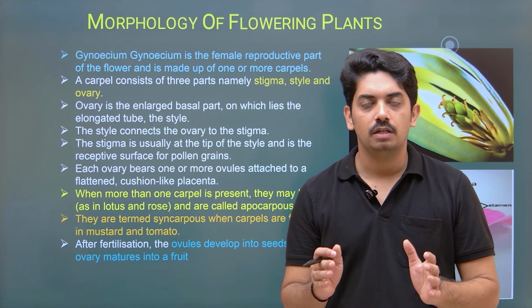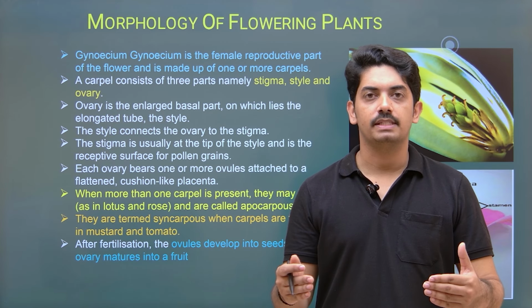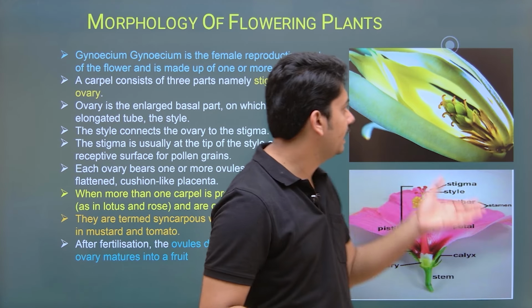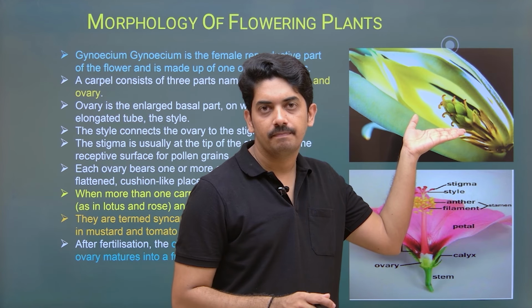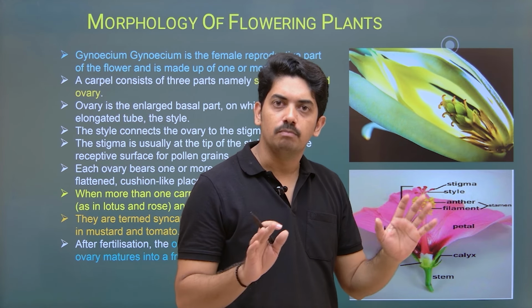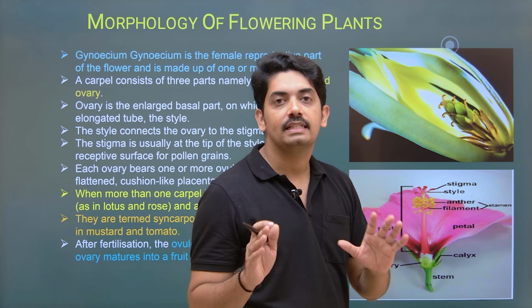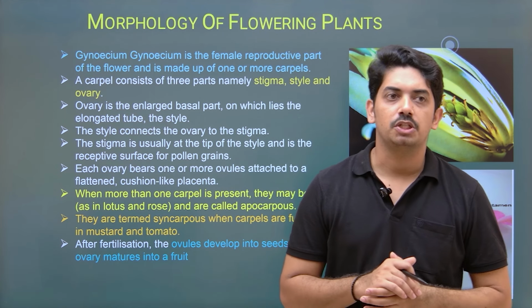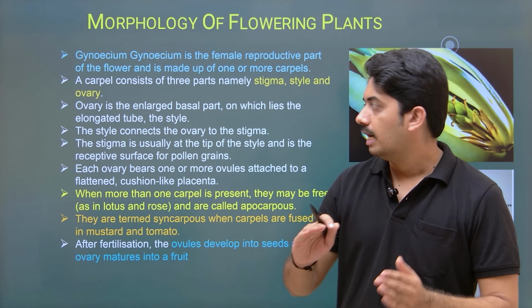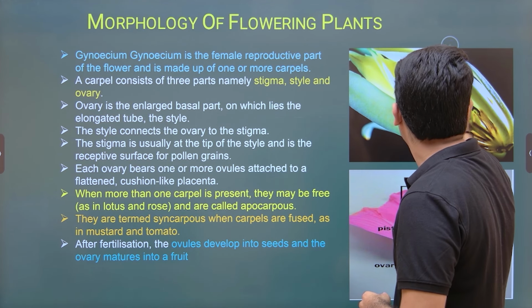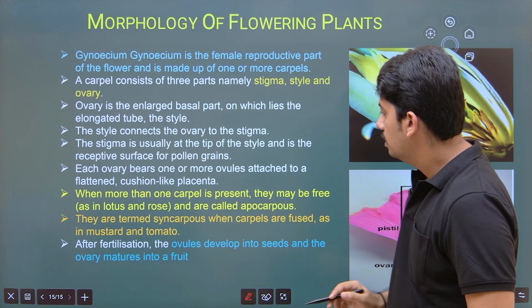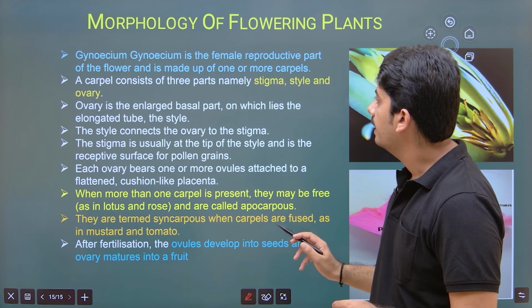Suppose in a flower more than one Gynoecium is present and they are all free, just like in Michelia champaca. That condition is called apocarpous condition. Syncarpous condition and apocarpous condition, very important characteristic feature. Okay.